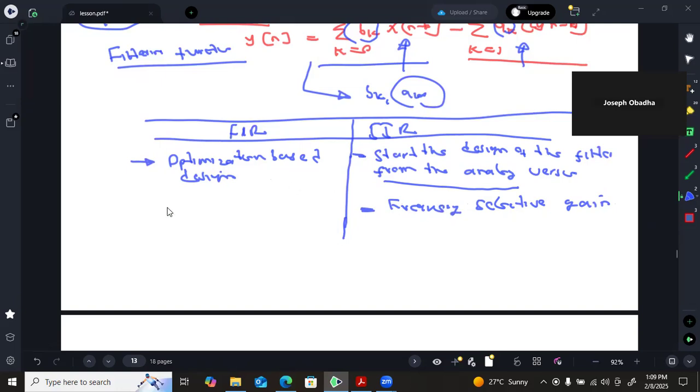But the FIR is more flexible because we can talk of arbitrary magnitude response. If it's an arbitrary magnitude response, it means you are able to design it based on any criteria, as long as the criteria is well defined.